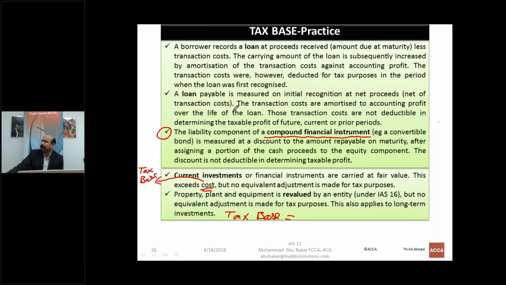Similarly, a loan payable is measured on initial recognition at net proceeds, and these transaction costs are not deductible in determining the taxable profit of future, current, or prior periods. So accordingly, this will affect its tax base. Okay, let's discuss compound financial instrument.